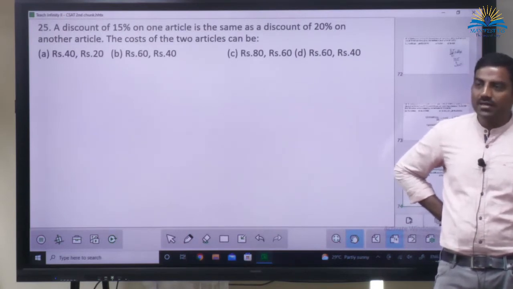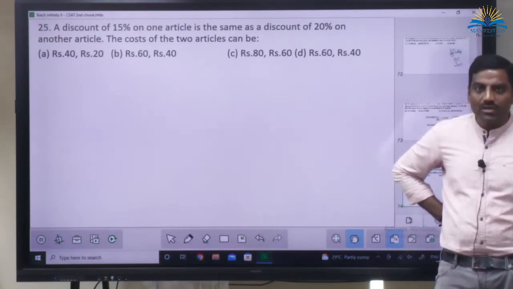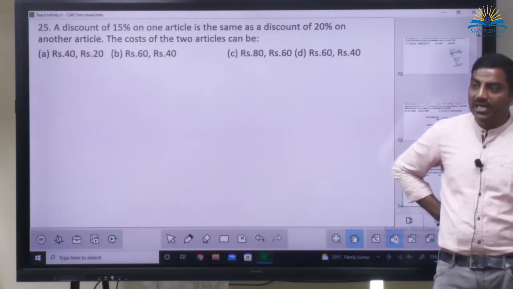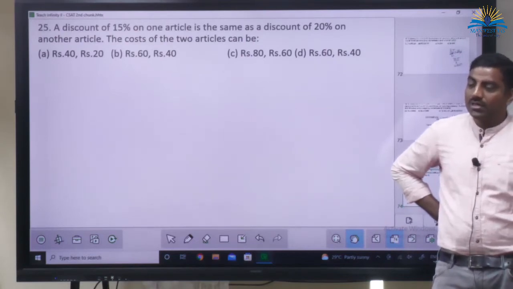A simple thing: 15% looks smaller, 20% looks bigger, but the costing of the goods happens in a reverse way.